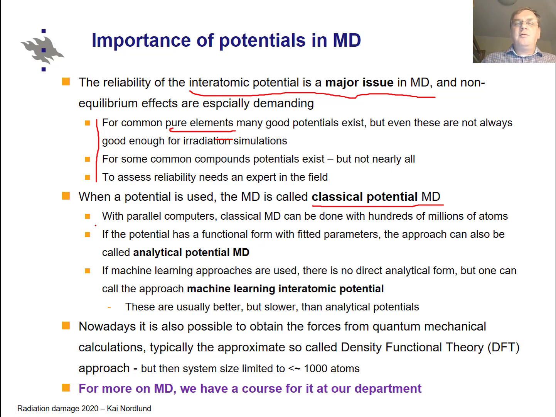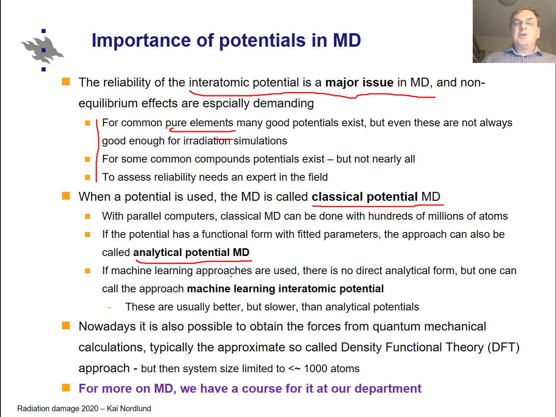But even these classical potentials have a subdivision, which has become more important in the last 5 years or so. The original classical potentials were all analytical functional forms where you fit some parameters, or maybe used cubic splines, but in any way then it's still a third order polynomial, and this can be called analytical potential molecular dynamics.